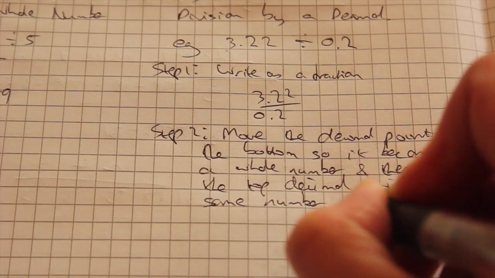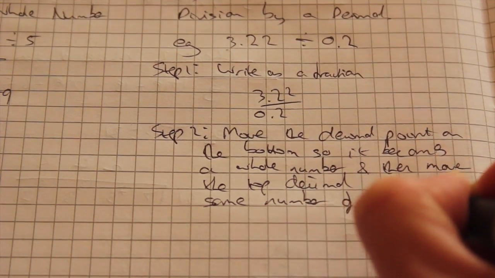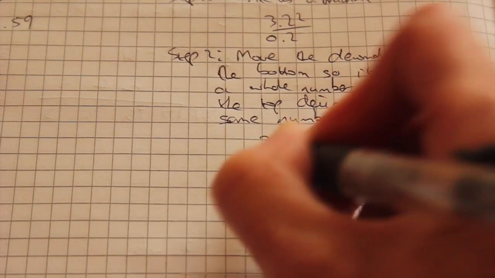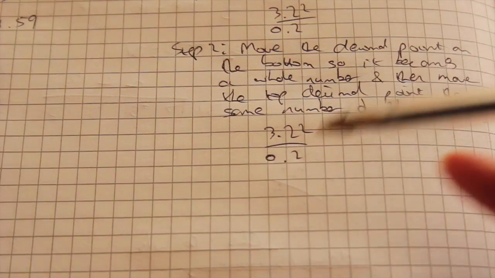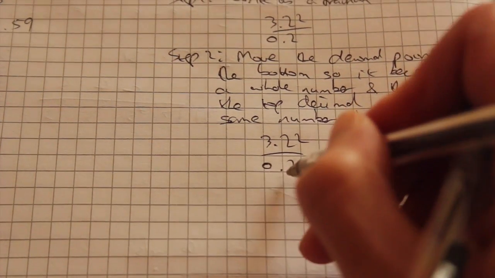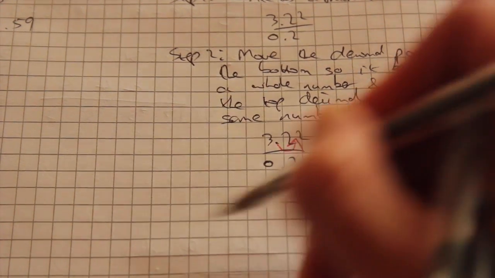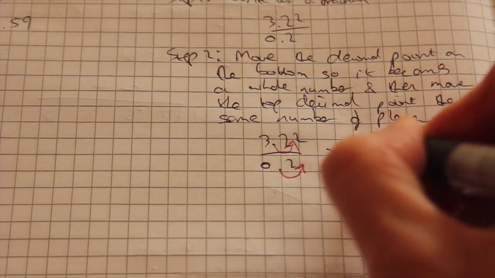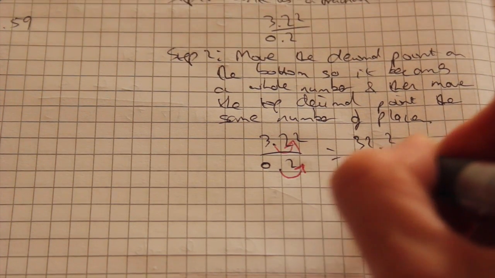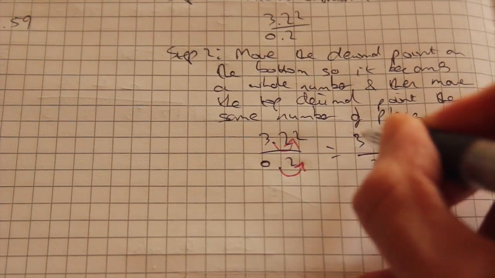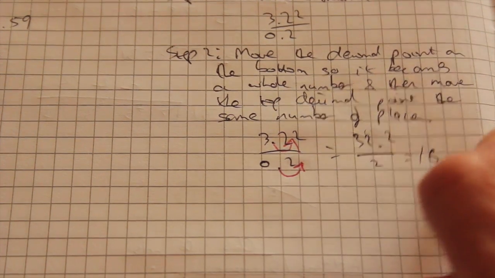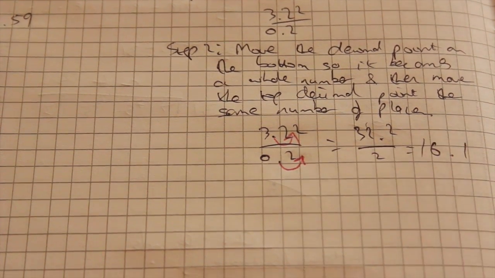Now, what I mean by that, if you take your number 3.22 divided by 0.2, I'm going to move this decimal point in the bottom so it becomes a whole number. So I need to move it once and it becomes 2. So I must move it once up here. So my sum becomes 32.2 divided by 2. 2 into 3 goes once with 1 over. 2 into 12 goes 6 times. And 2 into 2 goes once.